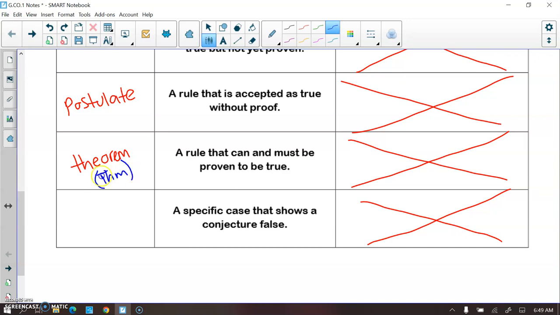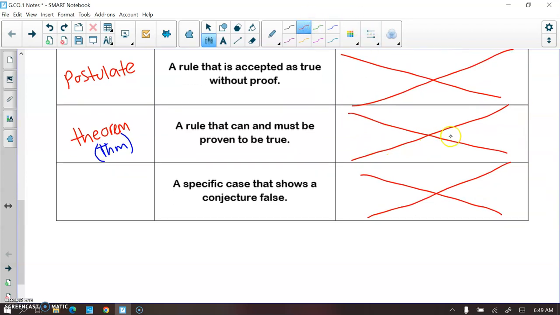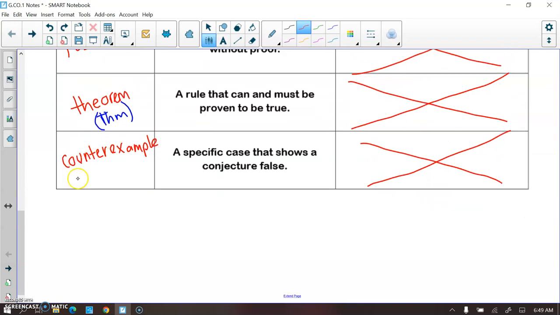So if you see that, that would also mean theorem. A specific case that shows a conjecture false. That is a counter example. All right, moving on.